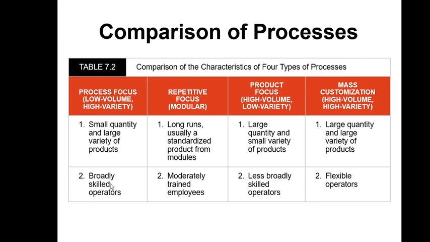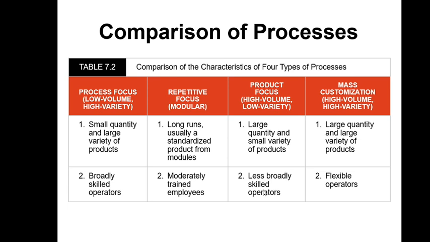In the process focus, you need skilled operators, skilled people like nurses, doctors in hospitals, in Arnold Hospital or any other hospitals, in hotels the same also. Whereas in the repetitive focus, you need moderately skilled and trained employees, whereas in the product focus, less.